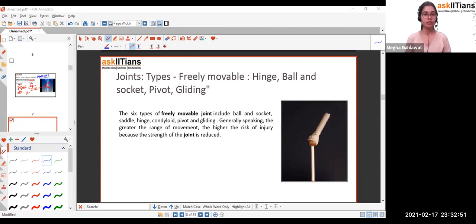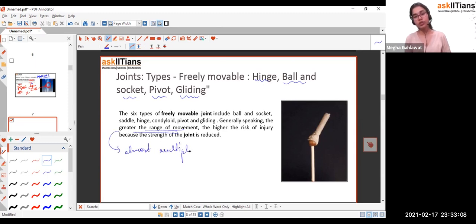Important thing is that they provide a great range of movement in almost multiple directions.